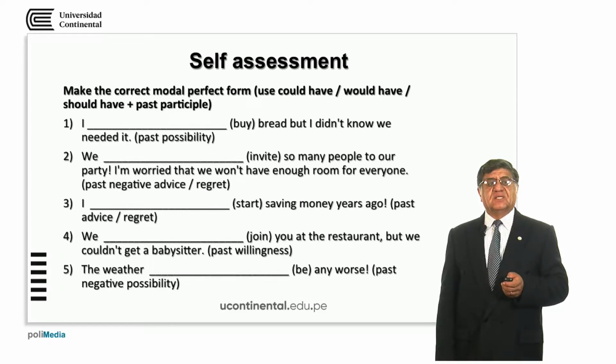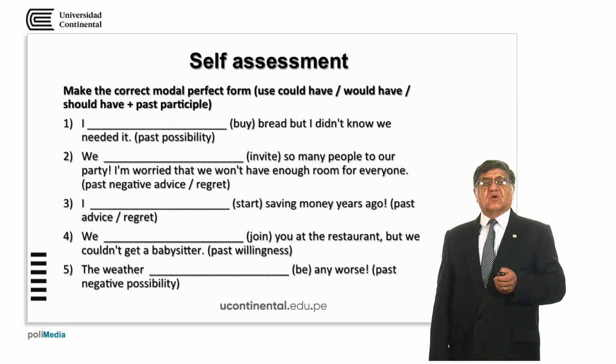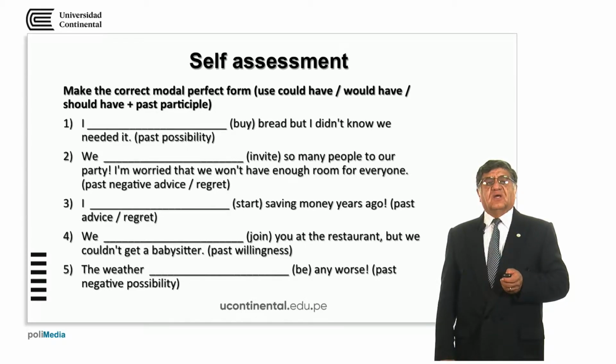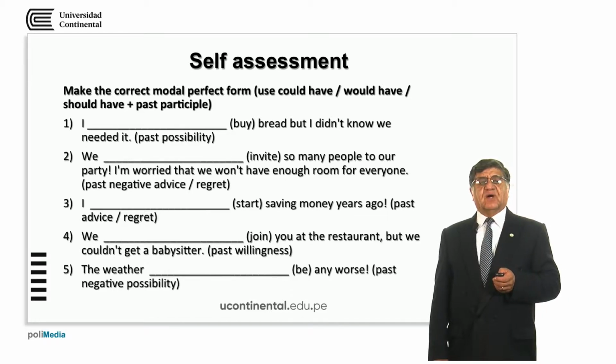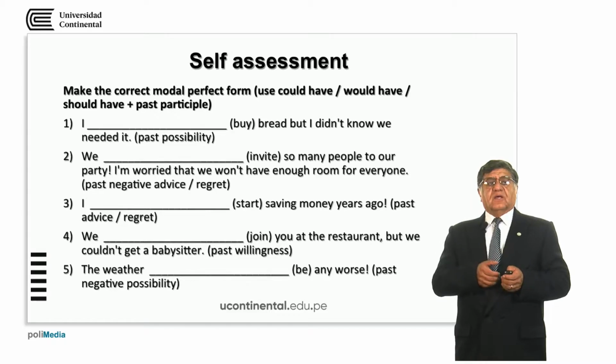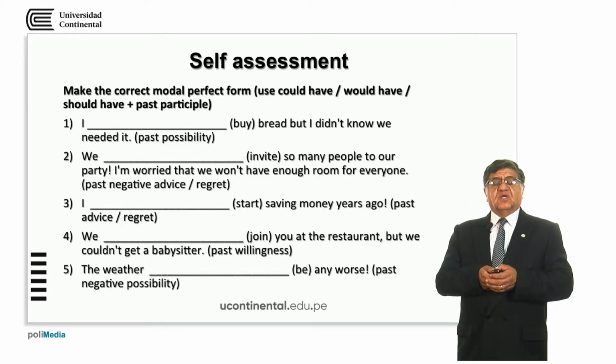And the same question, we have invite, and we need to express regret and giving a negative advice. In the next question, we have the word start, and we need to express past advice of regret.